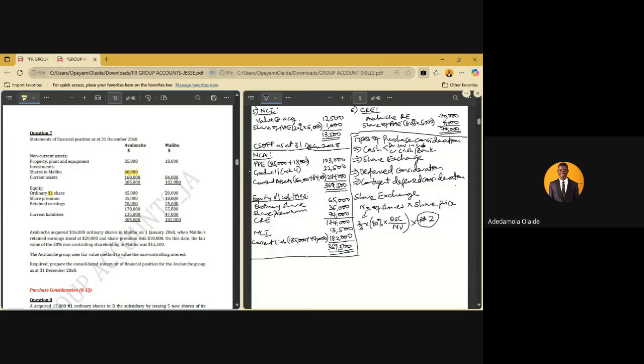And whenever you are selling shares at any value different from this nominal value, if the value you are selling is higher than this nominal value, we call the excess share premium. If the value you are selling is lower, we call the difference share discount.